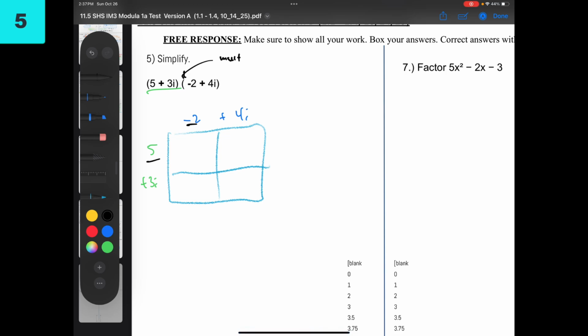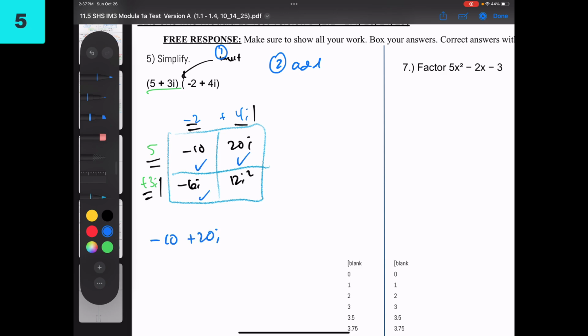Let's multiply, get -10, 20i, that'll become -6i, and then here 12i squared. So we first multiplied, and now we're going to add -10 plus 20i minus 6i plus 12i squared.